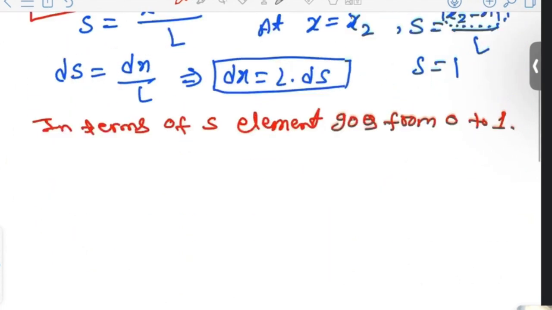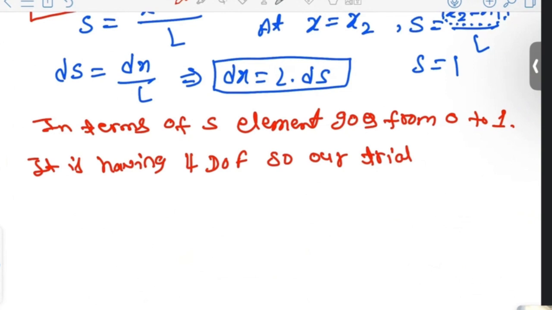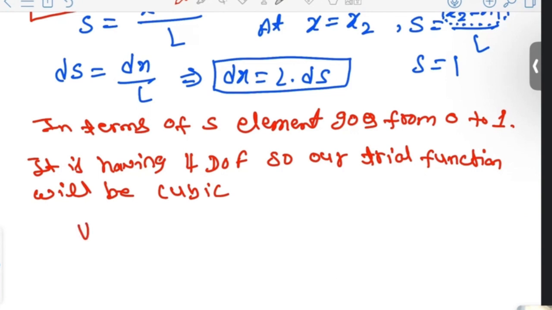What will be the trial function? Because it has 4 degrees of freedom, our trial function will be cubic. V means the displacement in the vertical direction.